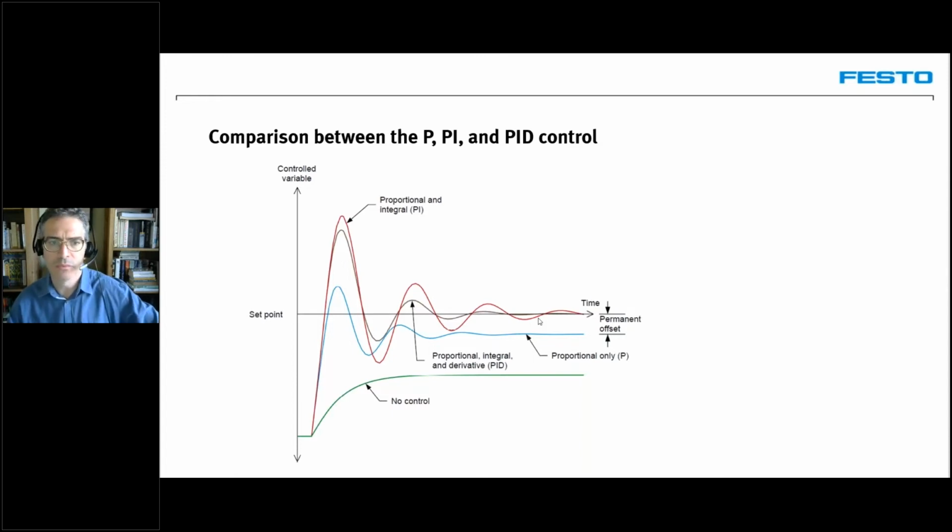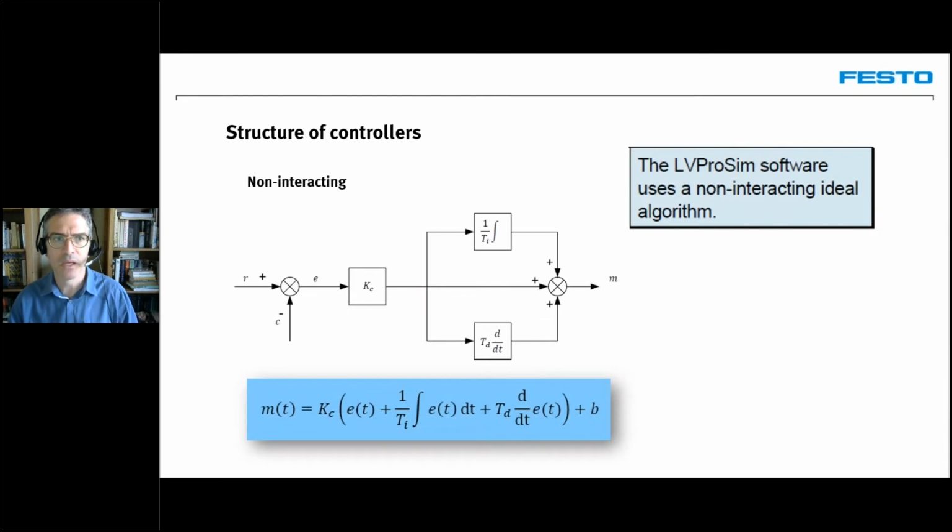It depends on the process, but if it's a process that is adapted to PID control, and your P, I and D parameters are properly set, this is the best control you can have. But some processes do not lend themselves to D control because D can insert lots of instability in the system if it's used on a system that is not meant to be controlled by a D parameter, as we will see.